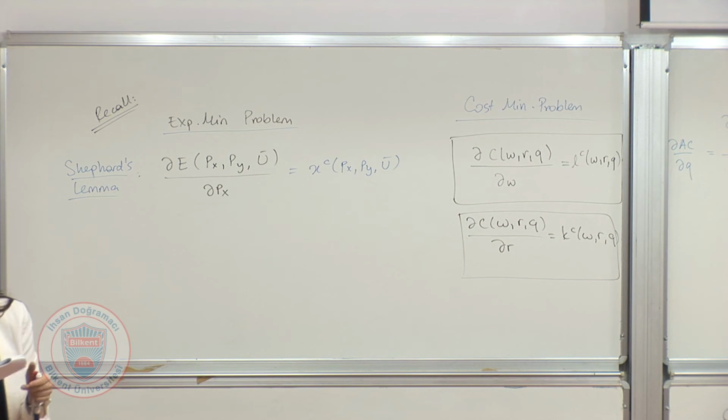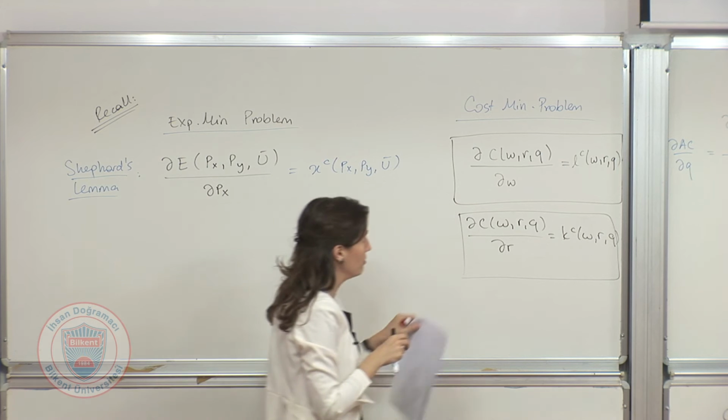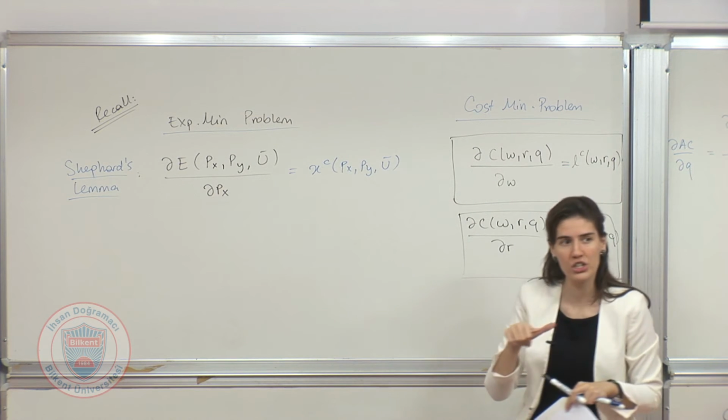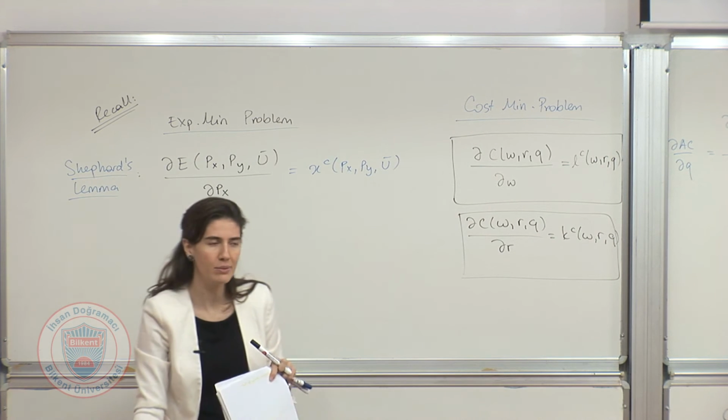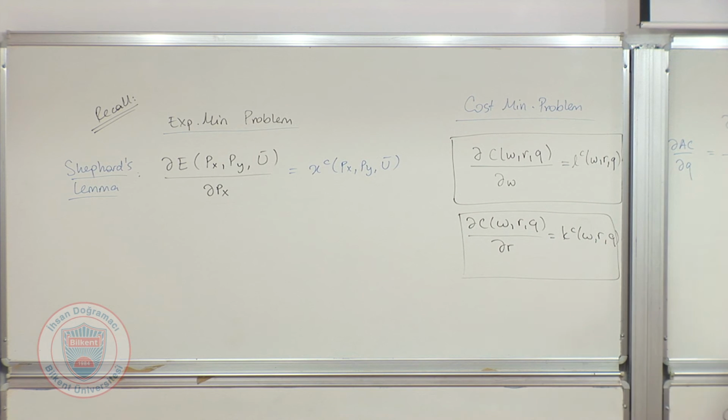Here's the analogy, and we can show it in very similar ways. So if you're given the cost function, you can always take the derivative with respect to wage and with respect to R, and you get these conditional input demands.